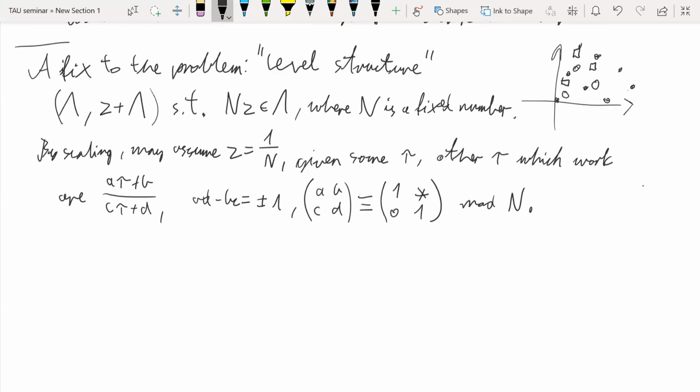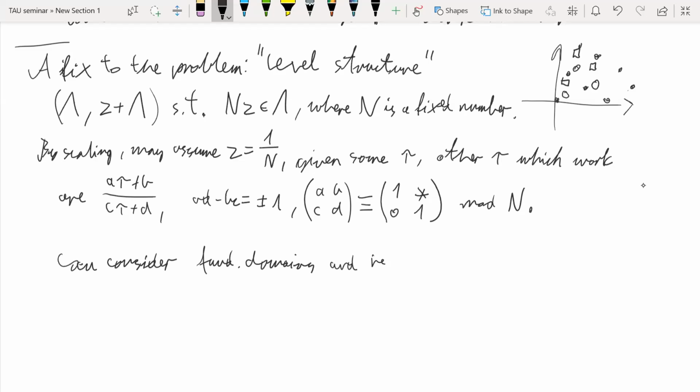With that, we can consider fundamental domains. They are not going to be quite as neat as they were for n equal to 1, so without the torsion point, but you can still consider them.